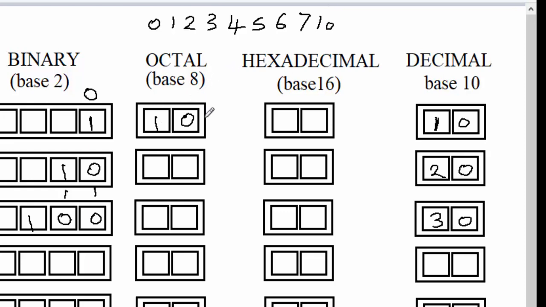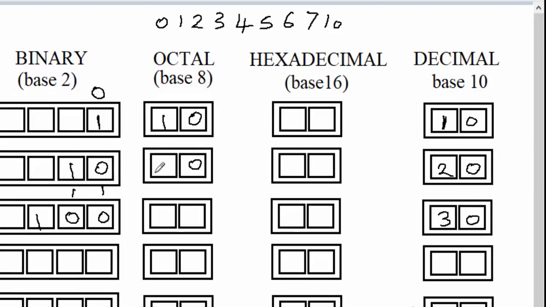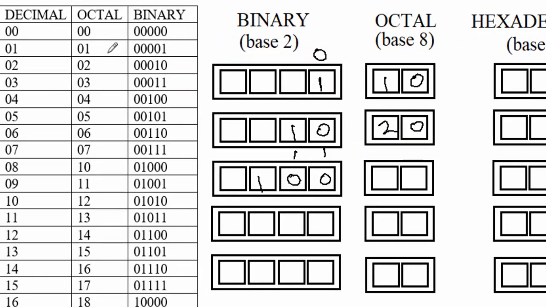So that's for octal. And then we do the same thing again. So 10 11 12 13 14 15 16 17. Instead of 18, we have to reset that 7 here back to 0 and carry to the next. So if you follow the octal, you will realize that when we get to 7, it becomes 10. When we get to 17, it becomes 18. Why?